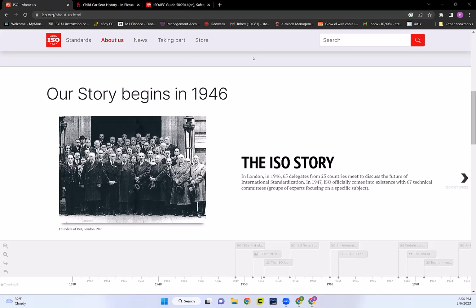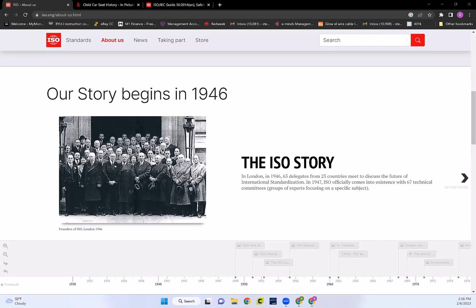If we look at their history, it started in 1946 with 65 delegates from 25 countries. They met together to discuss the future of international standardization. If we think about the early 1900s and late 1800s, there was a lot of manufacturing happening in these different countries. What happens if you ship something that's the wrong container size? Is it going to fit on your type of ship?